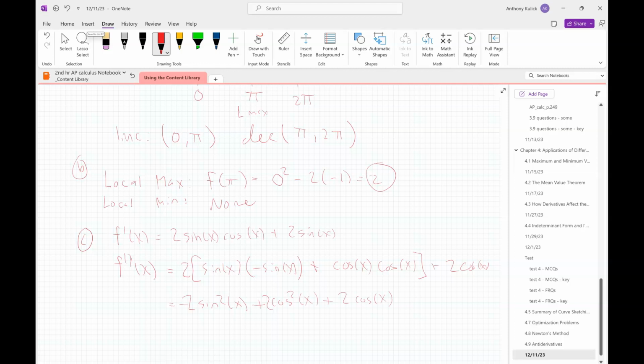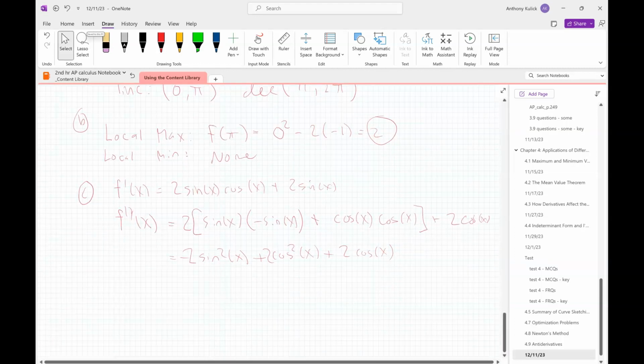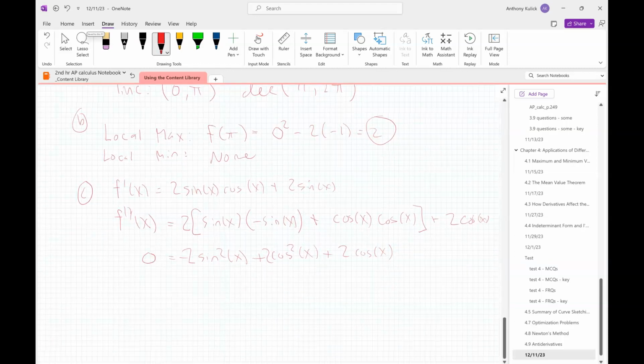So far, so good. Okay. How do I solve this now equal to 0? Well, you can get rid of the 2, right? That's fine. Talika said factor out the 2, but let's just divide it from both sides since it's equal to 0. We can just dump it.